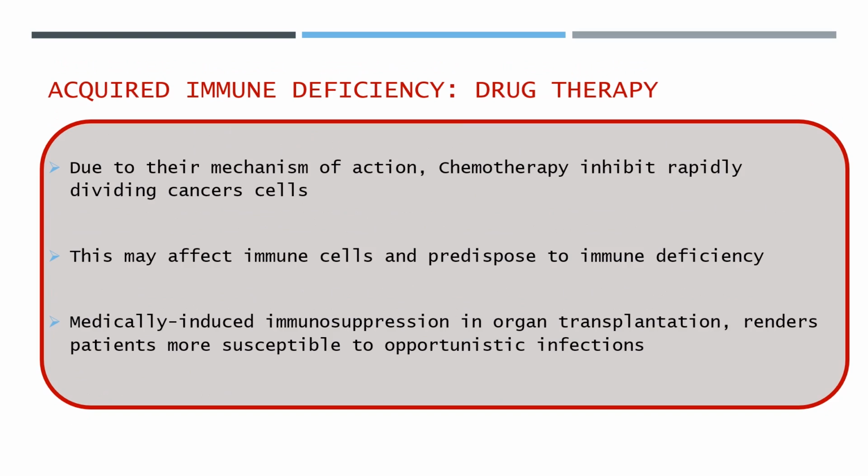The other cause of acquired immune deficiency is drug therapy. Drugs are given to patients for several reasons, especially in patients with malignancies. They are usually prescribed chemotherapy, and the mechanism of action of chemotherapy is usually to inhibit rapidly dividing cancer cells in the body.